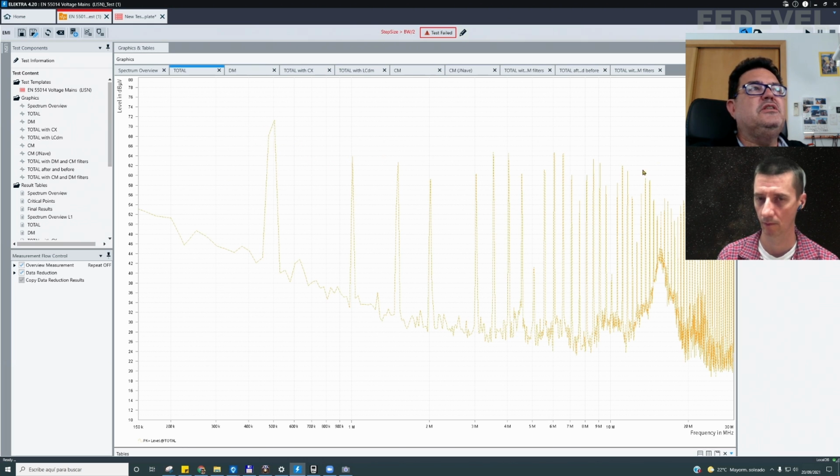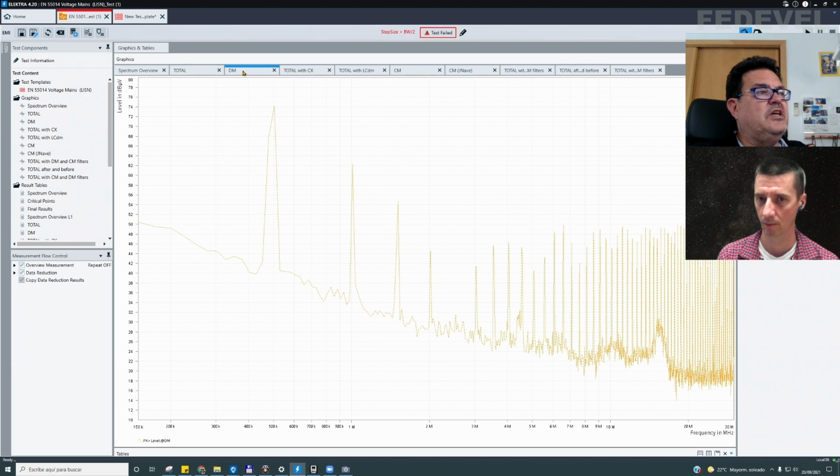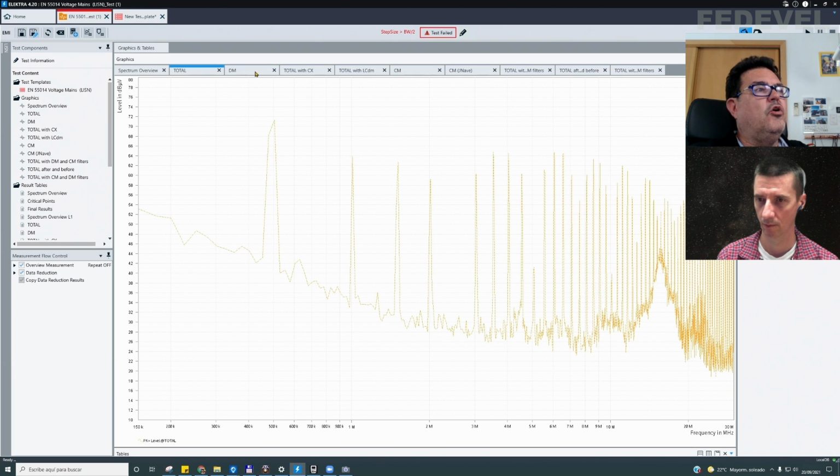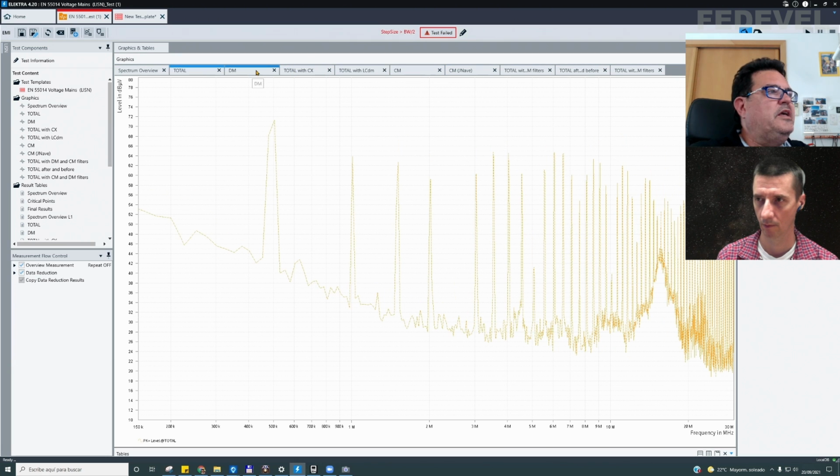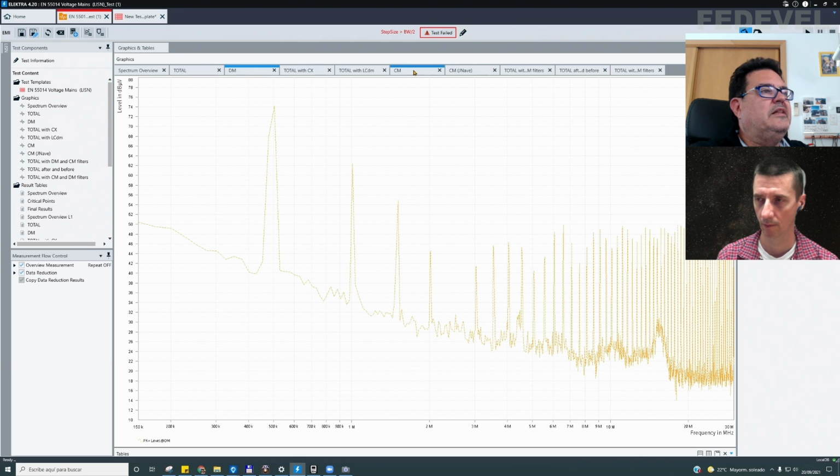And the high frequencies have a lot of components from the common mode because of the parasitic capacitances, no? So this is differential mode, and this is the total. Or this is common mode, and this is the total. Obviously, this is differential mode, and this is common mode.